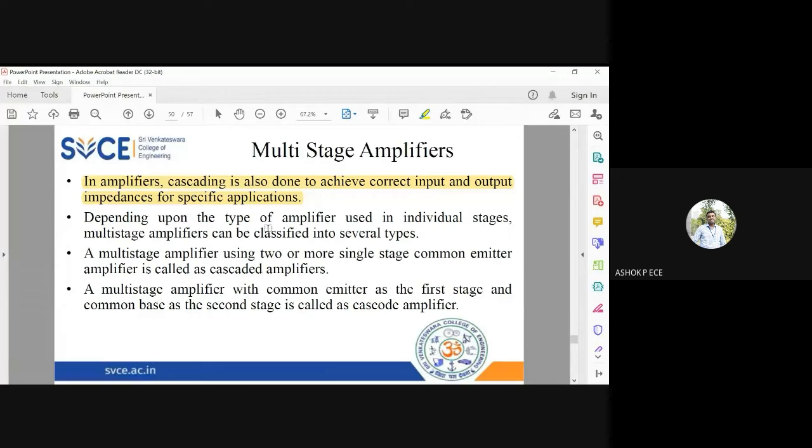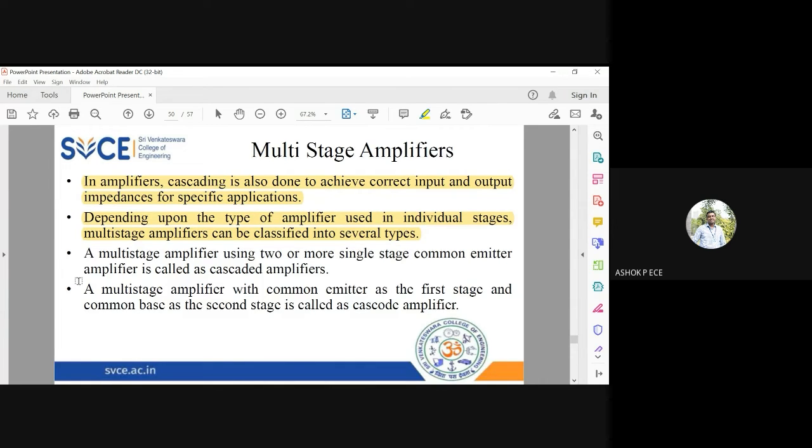Depending on the type of amplifier used in the individual stages, multi-stage amplifiers can be classified into several types. What amplifier are you going to use? Mostly we'll be using only common emitter amplifiers, but in some cases we'll be using common base or common collector. Depending on what type of amplifier I'm going to use, the multi-stage amplifier gets that name.